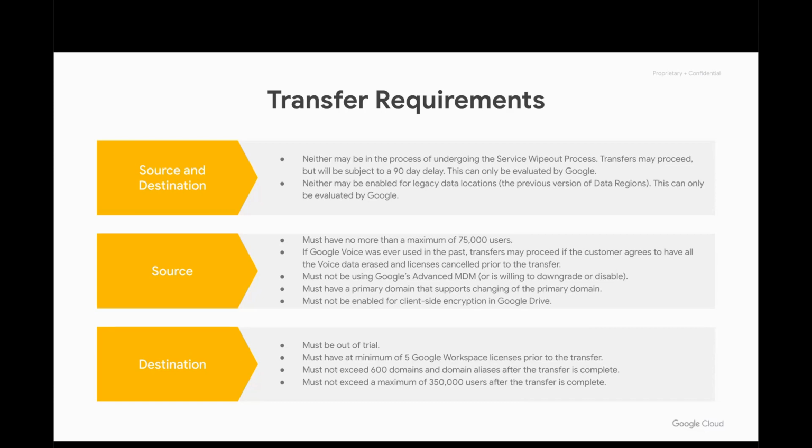We are working with the voice team to at least allow for the porting of numbers from the source to the destination. It wouldn't necessarily get reassigned to the same user because they wouldn't have existed at that time, but we're at least trying to keep the numbers that you had within your pool and have those moved over.